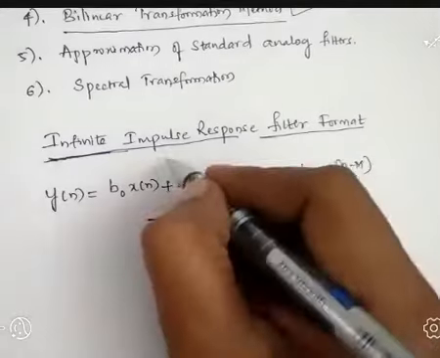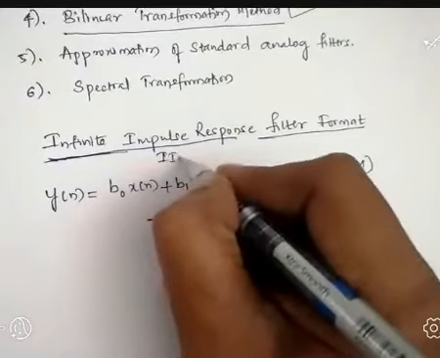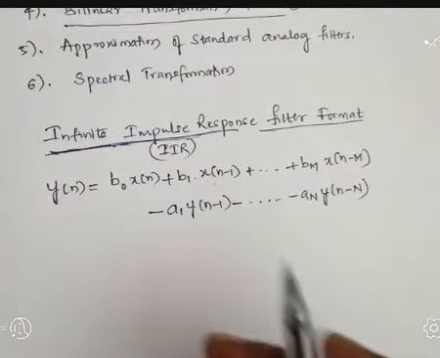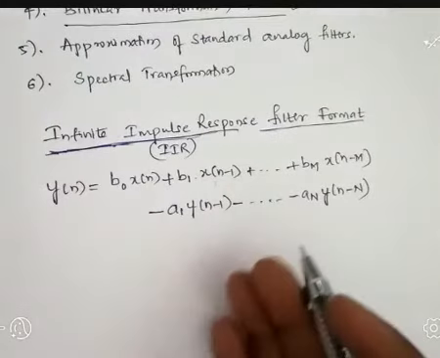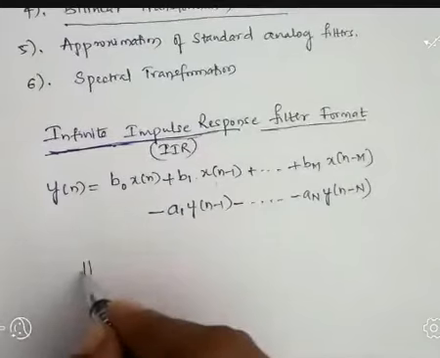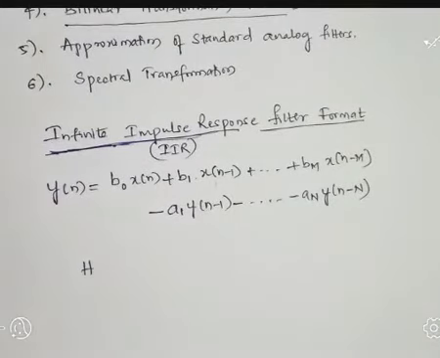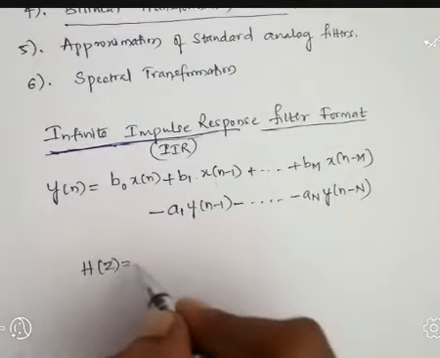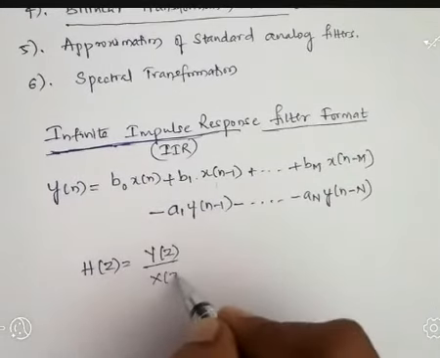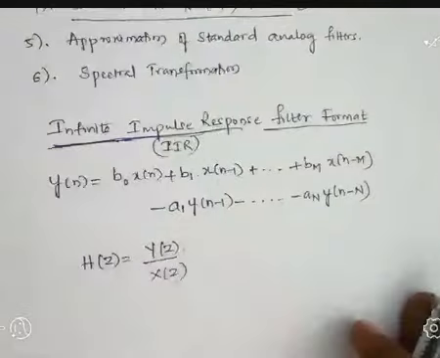If you take the transfer function for this IIR filter, taking the transfer function means rearranging terms and taking the Z transform. So the transfer function is indicated by H of z, that is equal to Y of z divided by X of z. It is the ratio of output by input.